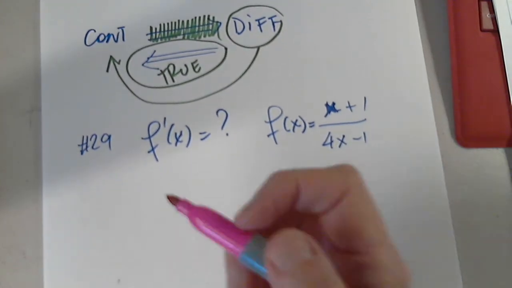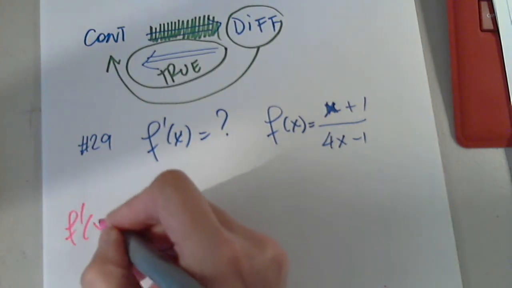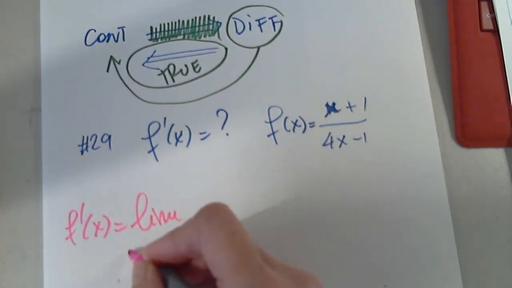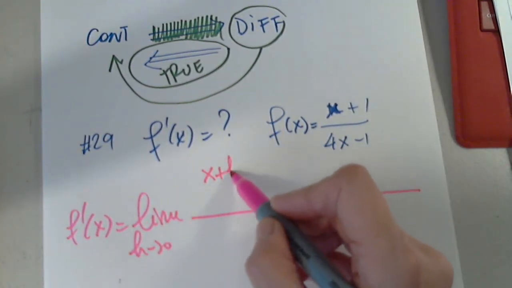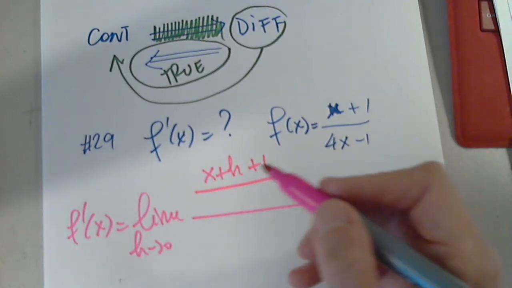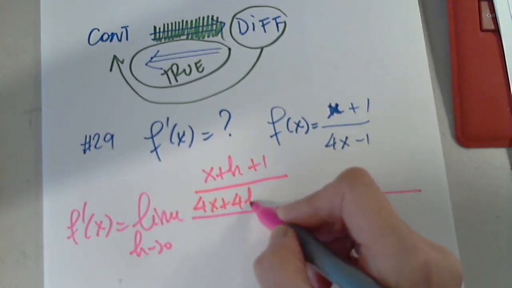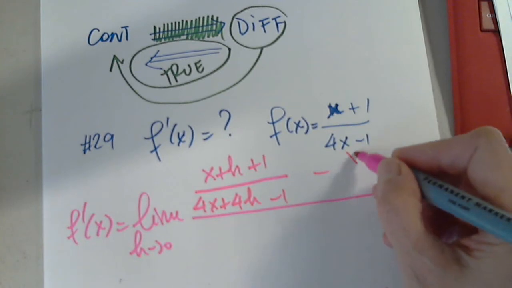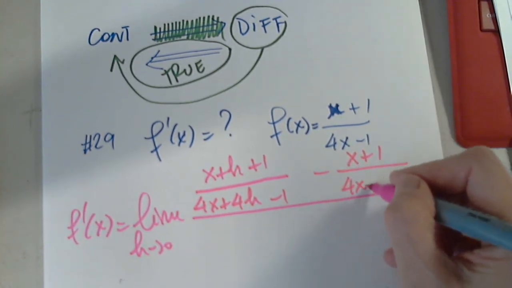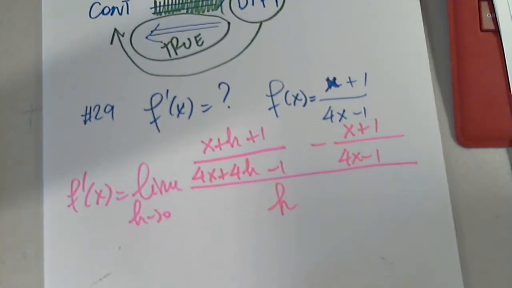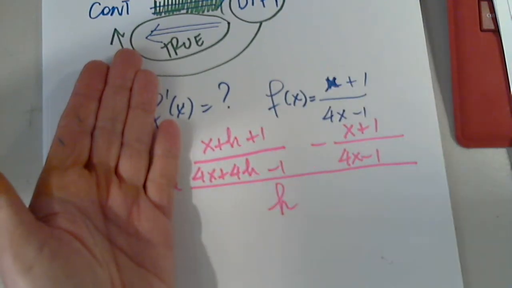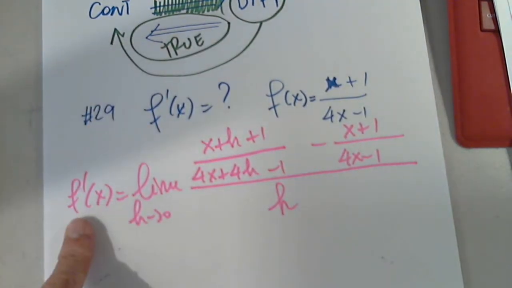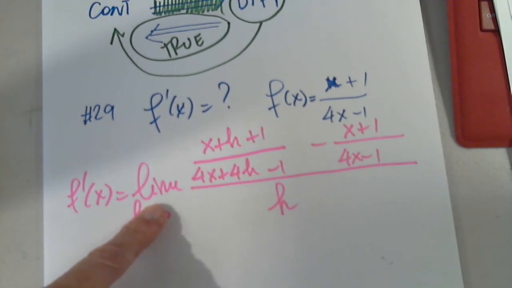There is only one definition for f prime of x, which is the limit as h approaches 0 of [(x plus h plus 1) over (4x plus 4h minus 1) minus (x plus 1) over (4x minus 1)] divided by h. We started doing problems similar to this from the first day of classes. We didn't put this till today, and we put that a second time we met.